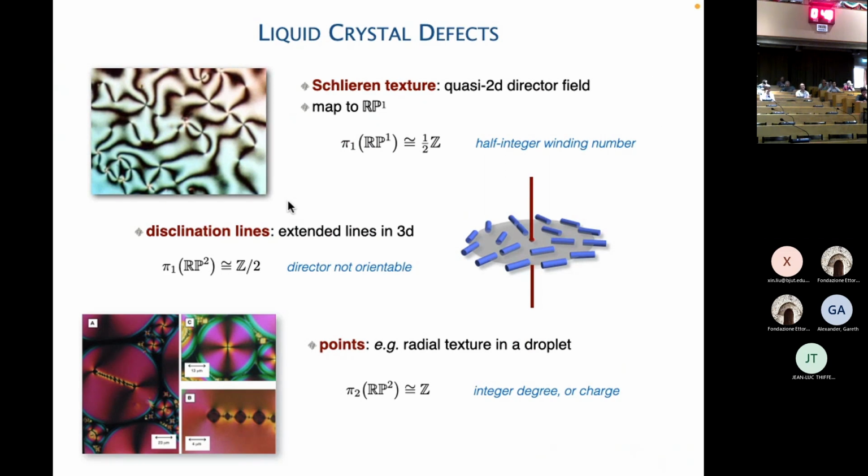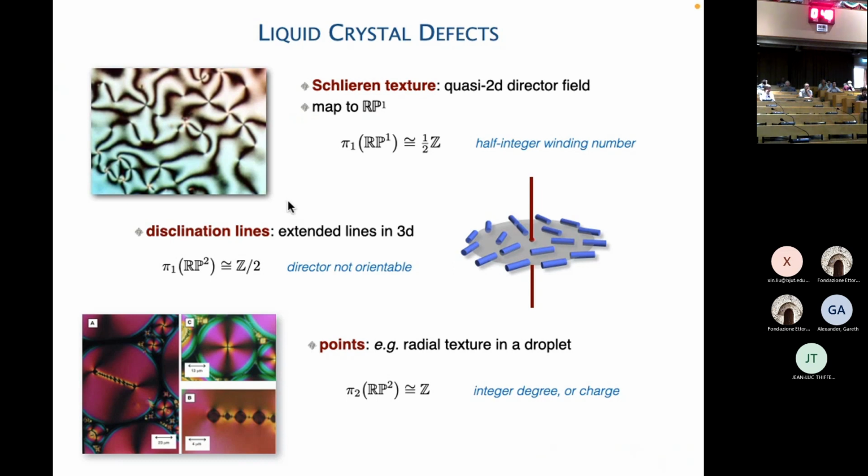So I'll summarize the sort of early things that were done in thinking about their defects. There's the story that Randy described in his talk, which is that you look at these so-called Schlieren textures and you count the brushes that come together at various points, and you calculate the windings around those. And this process was formalized, at least in the physics literature, in the 1970s with applications of homotopy groups.